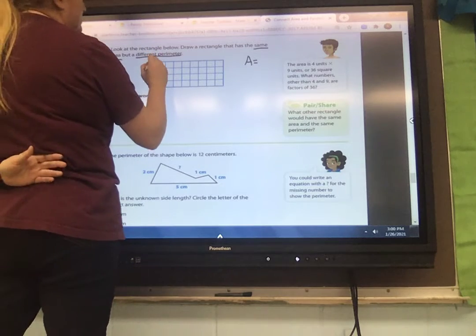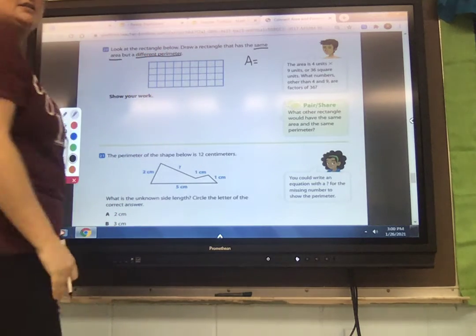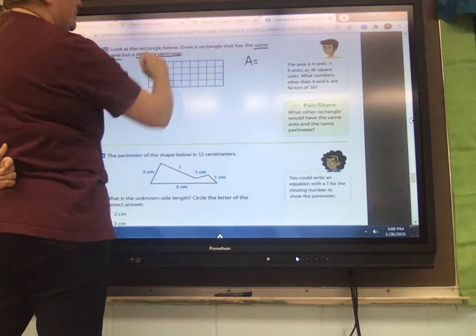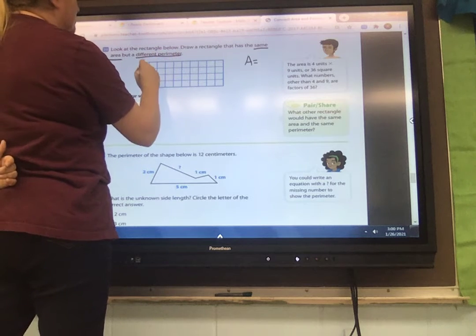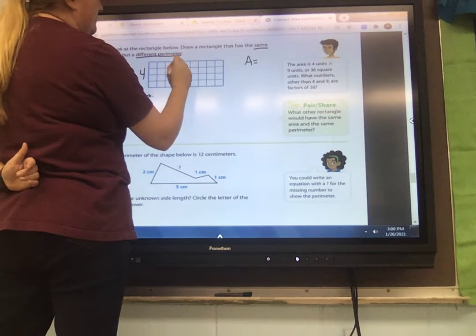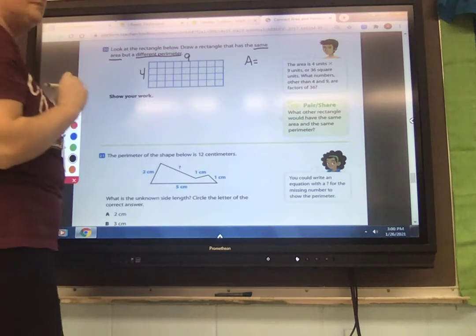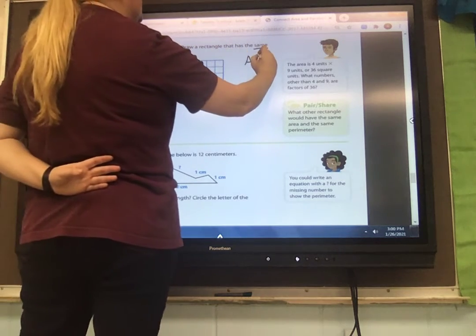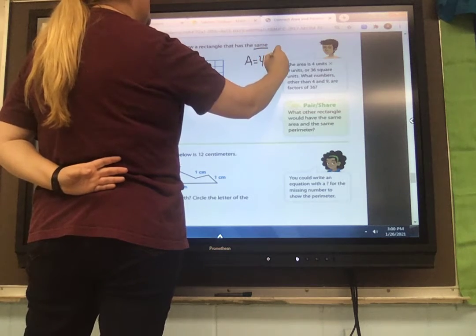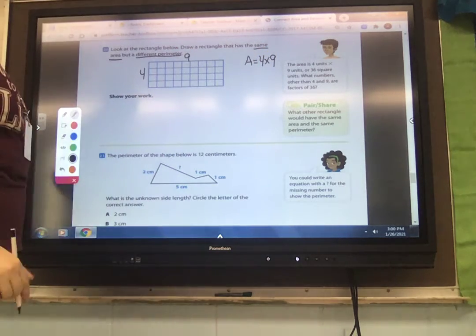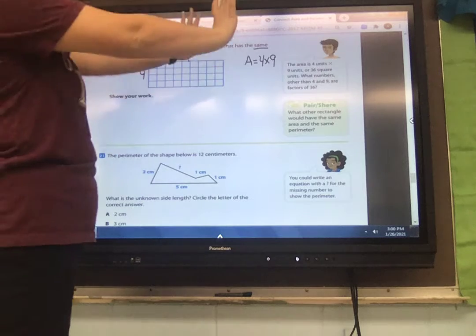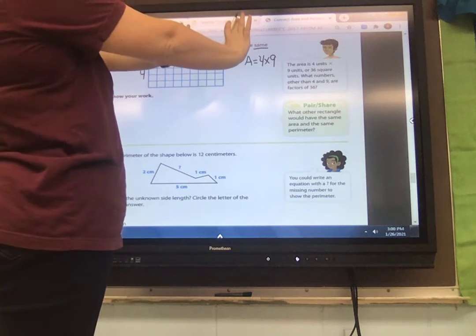So let's count. Or, that's a lot of squares to count. I think I'm just going to do rows and columns this time. So 4 rows, 1, 2, 3, 4, 5, 6, 7, 8, 9 columns. So to get the area, I just have to say 4 times 9, length times width. And I know 4 times 9, 1, 2, 3, 4.